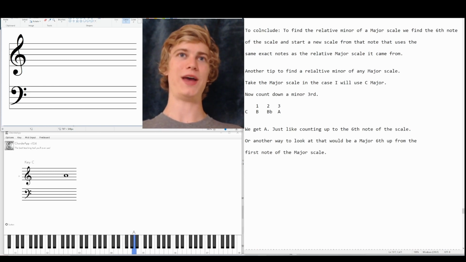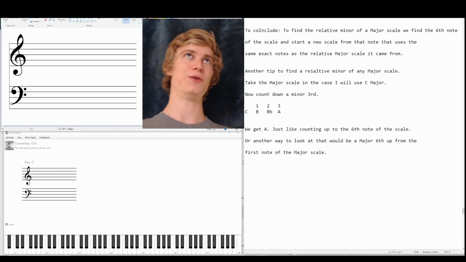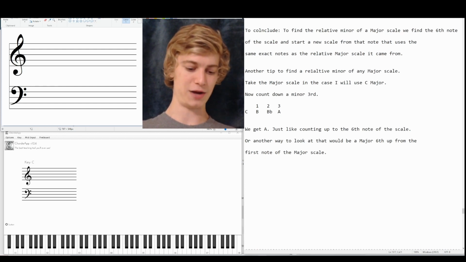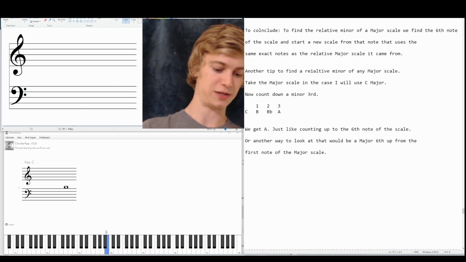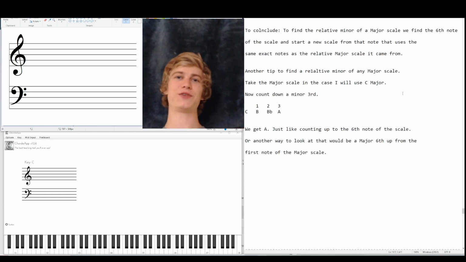A either way. So counting down a minor third might make it easier for you, might not, but it especially might make it easier for you if you're already in minor and you just think 3 semitones up to your relative major. That is it for this video on transposing to minor keys.